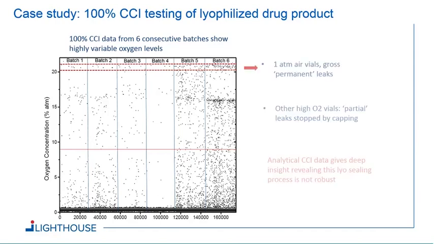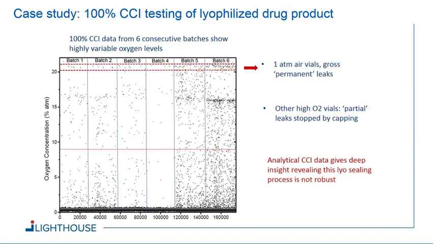And if you look at this analytical data more closely, you can see that you have a number of vials that have what we would call permanent leaks. That means that the headspace was totally replaced with air from the outside environment. But you also have a lot of partial leaks with partially elevated oxygen levels, and these are actually containers that were leaking during the process.